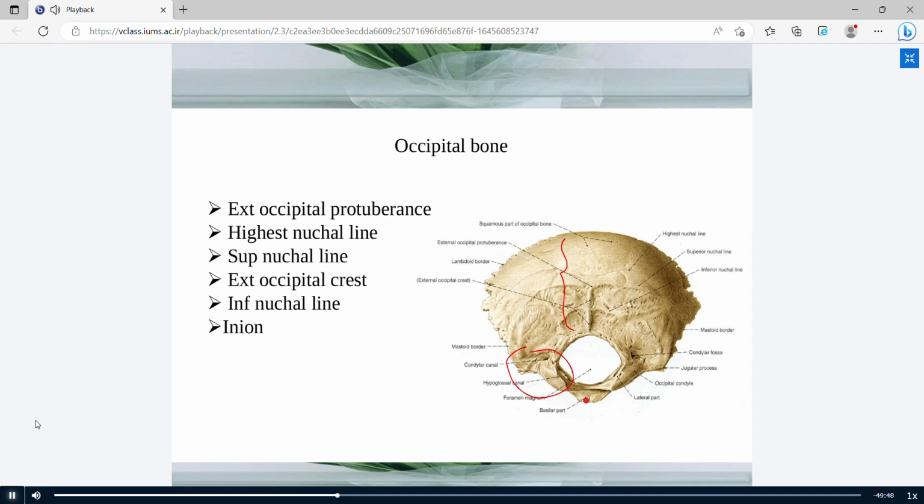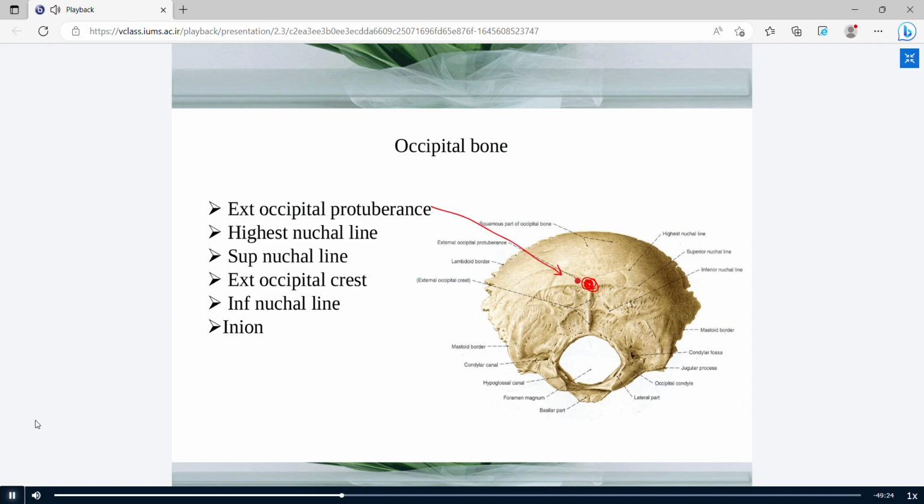This is the occipital bone, and you can see the squamous part, foramen magnum, and lateral part, and this is the basilar part. The squamous part has a lateral surface and an internal surface. This is the lateral surface, and you can see a prominence or tuber on the occipital bone called the external occipital protuberance.